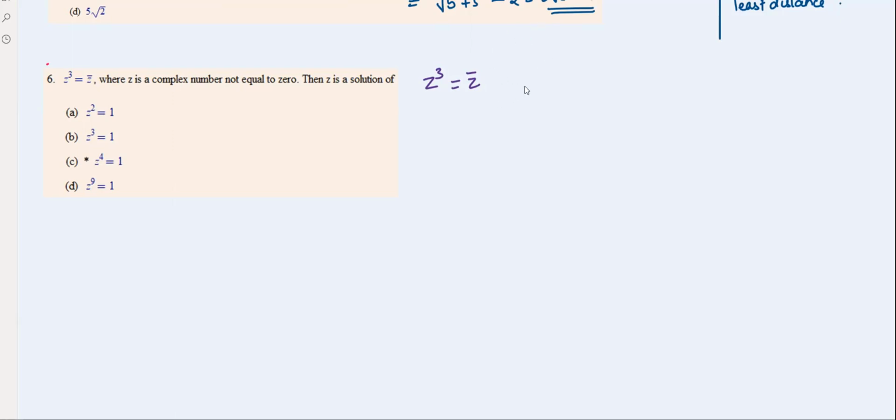One is modulus of z should be 1. So this is mod z cube, and this is modulus of z bar, which is same as mod z. So first thing is modulus of z square should be 1. So mod z will be 1. That is acceptable. All the solutions have this.